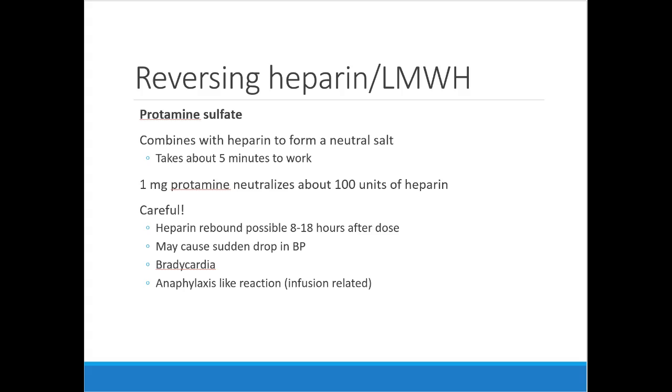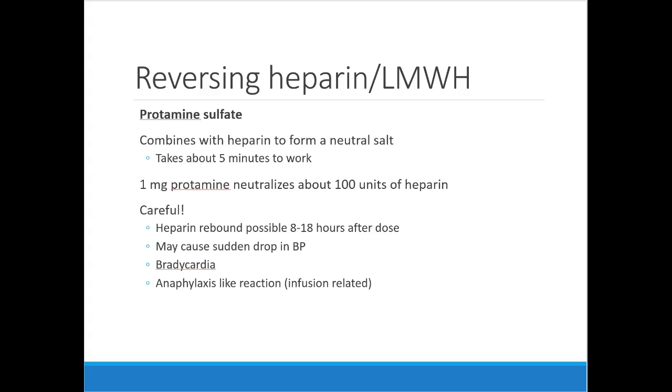So if you gave somebody 1,000 units of heparin, which is a really low amount, but let's say you gave it to them IV, and they're bleeding now, you could give them 10 milligrams of protamine, which hopefully neutralizes it. The other thing is per milligram of enoxaparin, it's about 1 milligram of protamine. So if you gave somebody a dose of 40 of enoxaparin, you'd give 40 of protamine. So it's pretty easy to dose that way.